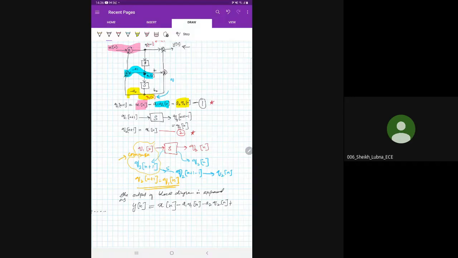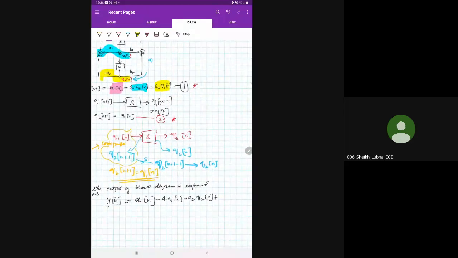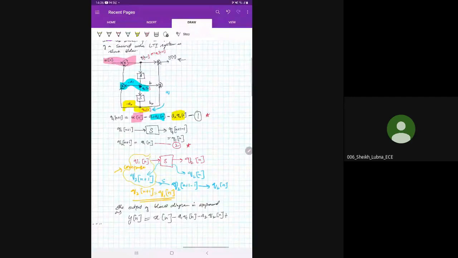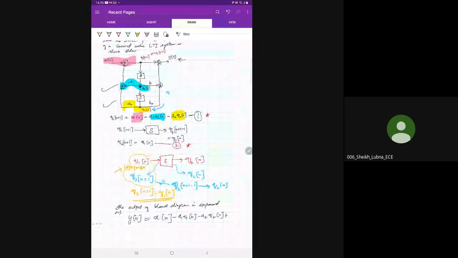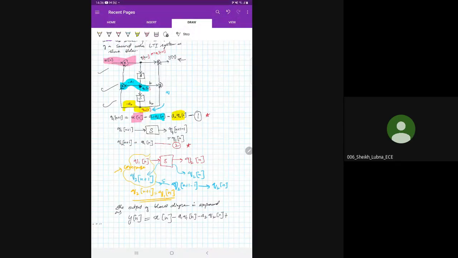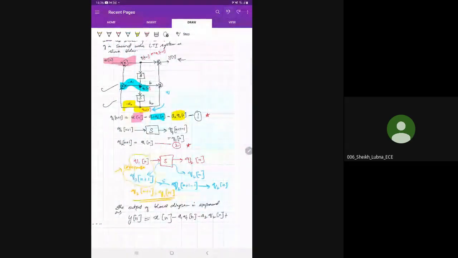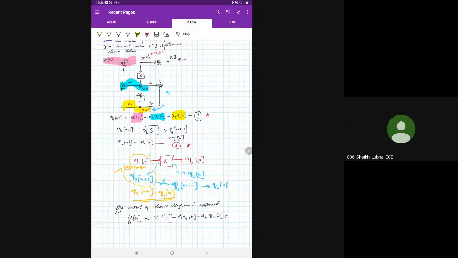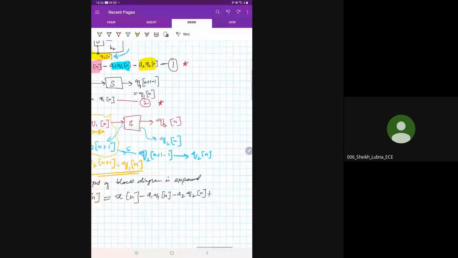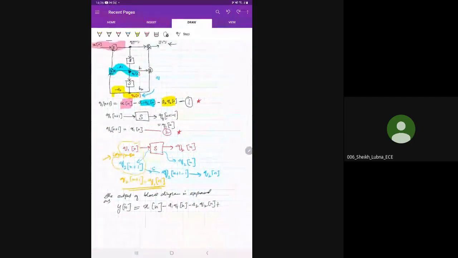Yes, sir. Tell me, what is the next term? I have already added terms: one pink, one blue, one yellow. These three terms I have already mentioned. Now I am left with the right hand side of the structure. Help me. So we have to take the B terms now. What will be the next term?